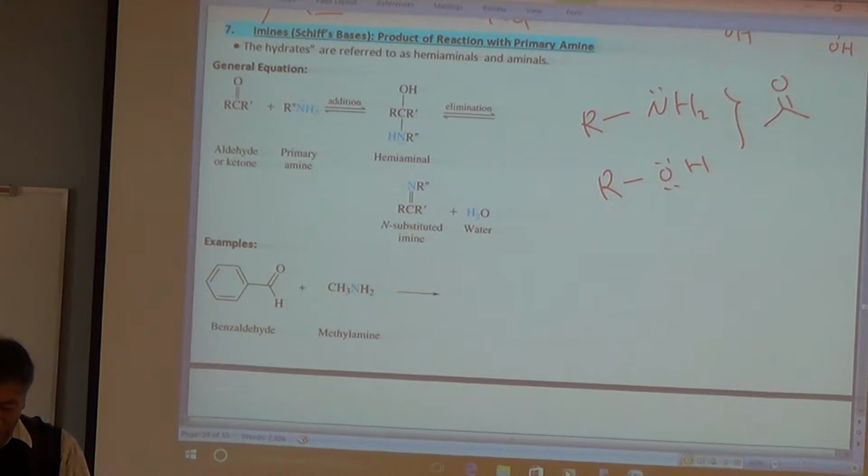If you add alcohol onto acetone, you produce acetal. So let me say this one. These two together, with acid as a catalyst, produce acetal like this.